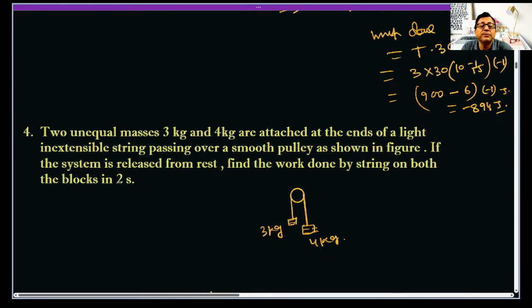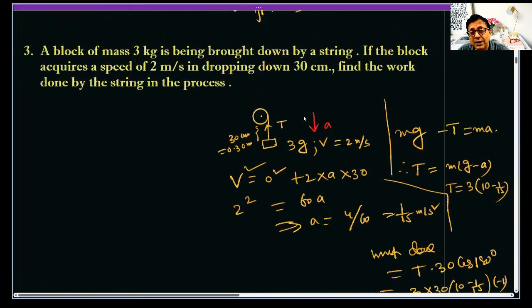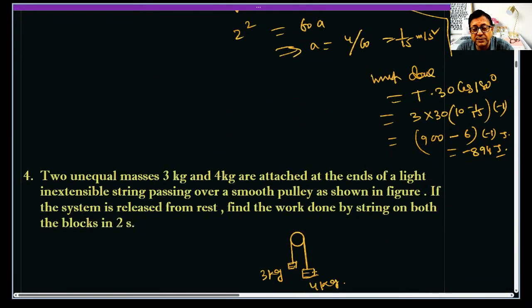So when you are going to solve this problem, there is application of the concept you already got. Work done by the tension, work done by gravity we have studied earlier. If the mass is moving against the tension, that work done will be negative. If it goes due to the application of tension, that work done is going to be positive.